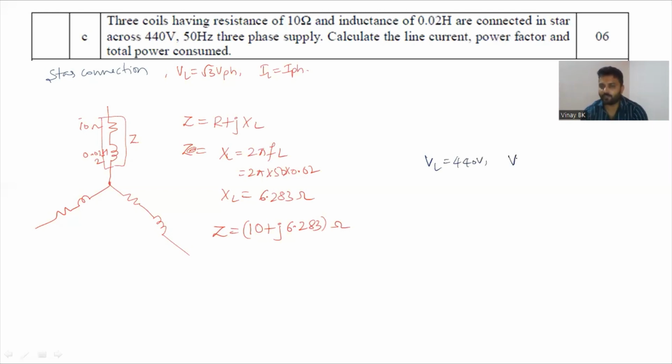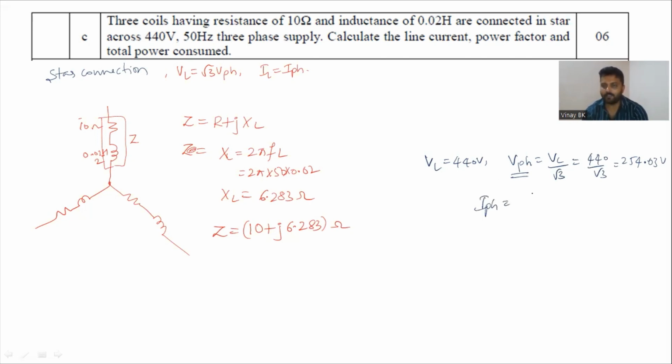You need to find the value of VPH, that is VL divided by root 3. 440 divided by root 3, you can get 254.03 volts.